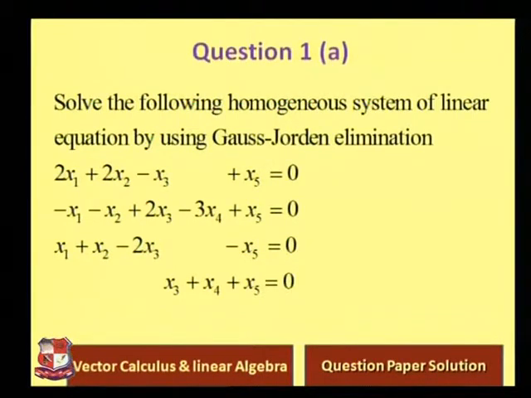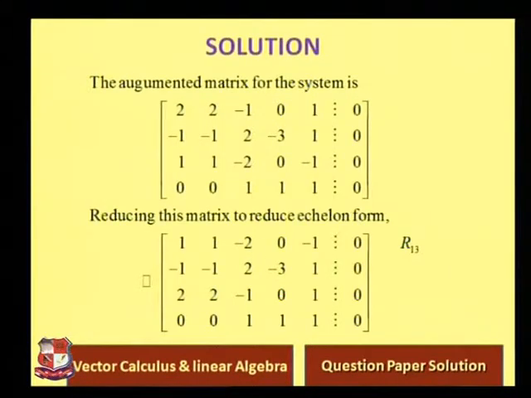Here the number of variables is 5 and the number of equations is 4. So we write the augmented matrix for the system like this: 2, 2, minus 1, 0, 1 and 0. The first row 2, 2, minus 1, 0, 1 is the coefficients of variables x1, x2, x3, x4 and x5.